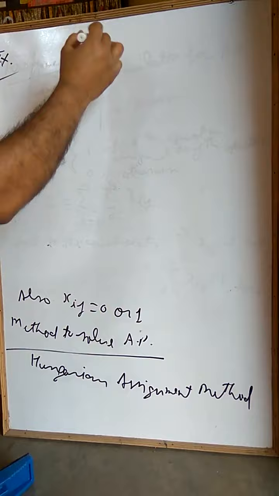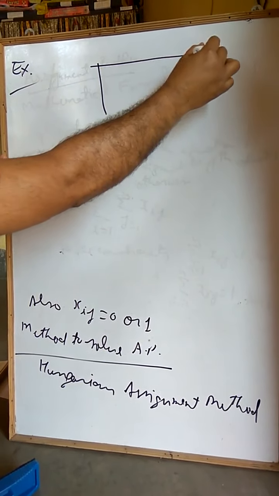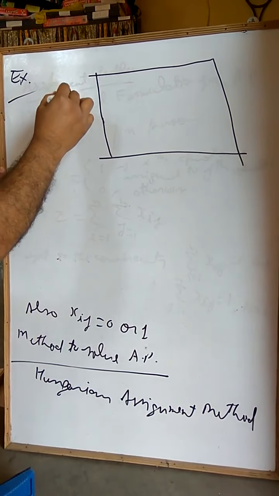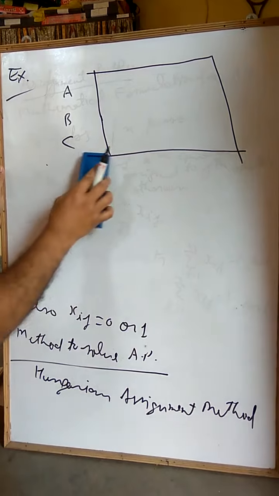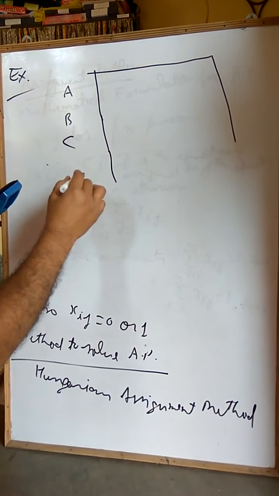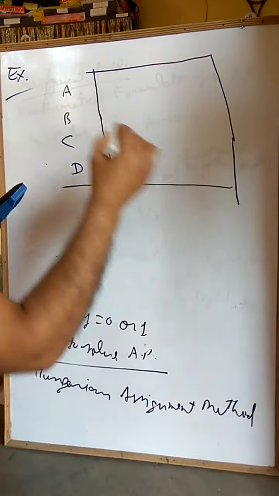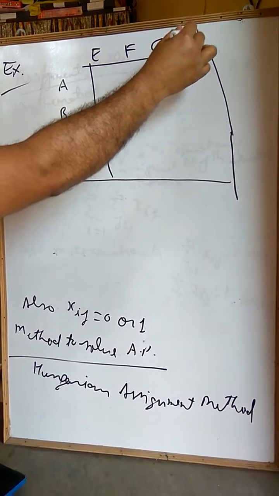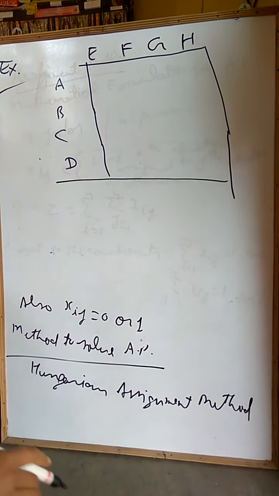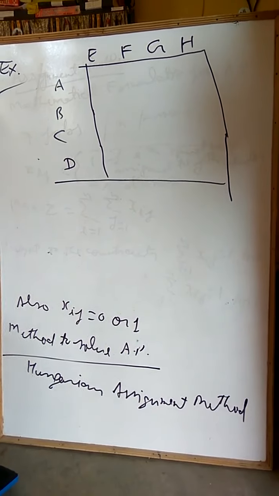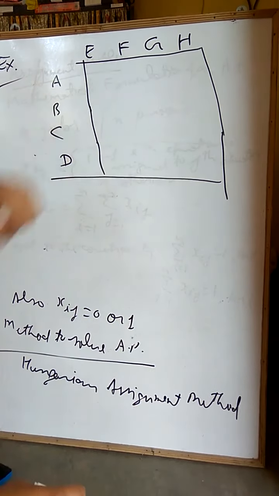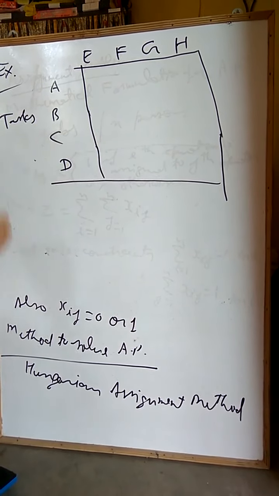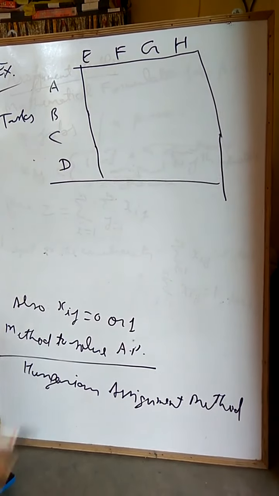Example. In this example, there are 4 tasks or 4 jobs, you can say A, B, C, and D, and these 4 jobs are to be performed by 4 persons E, F, G, and H. The question says that a departmental head has 4 subordinates E, F, G, and H, and 4 tasks A, B, C, D to be performed by them.